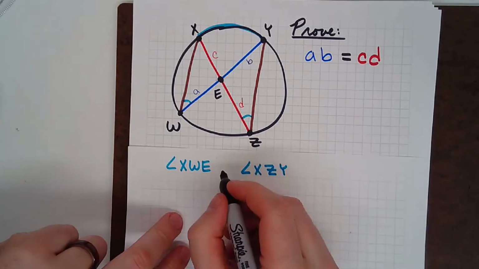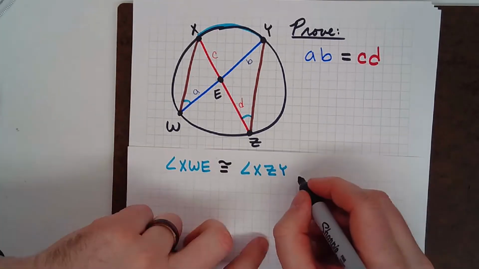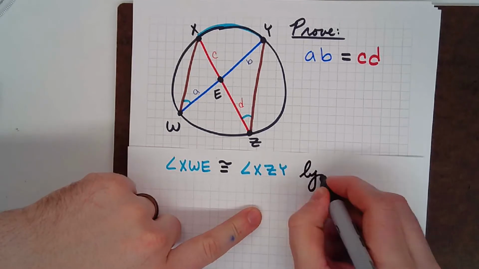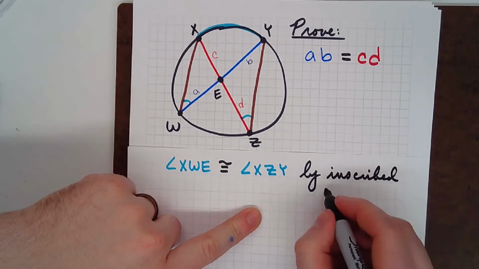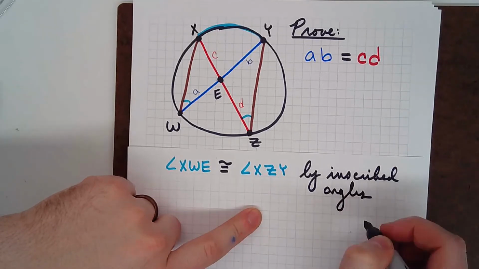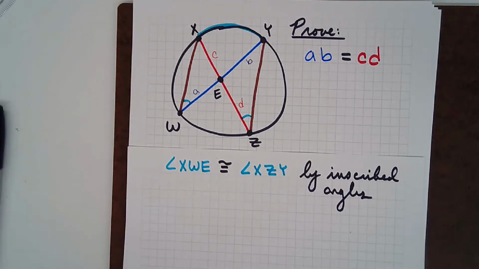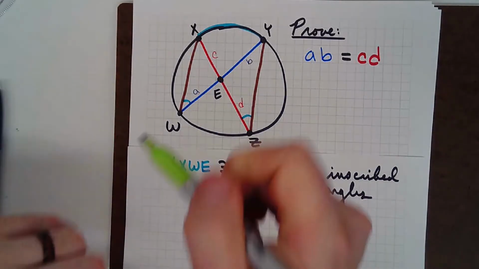We know this to be true because they are inscribed angles opening up to the same arc. So we just say by inscribed angles. All right, one set of angles down.